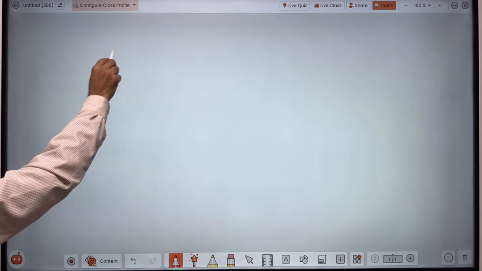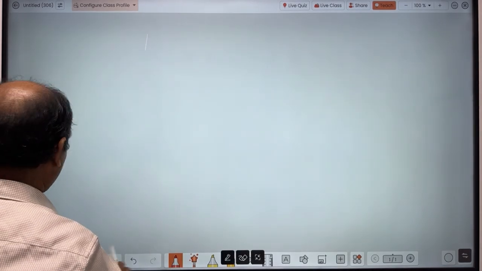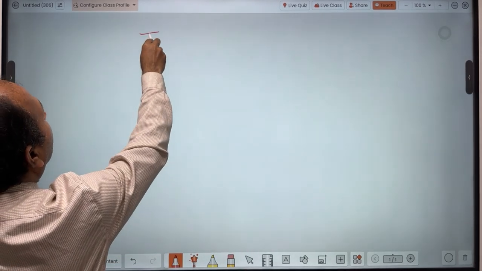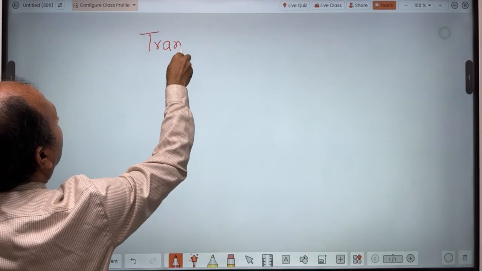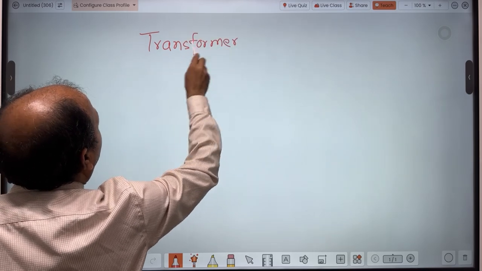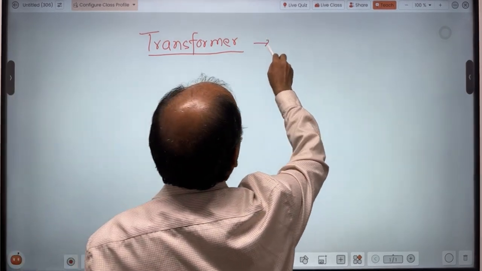We have already studied what is mutual inductance. So here we are going to study transformer, right?